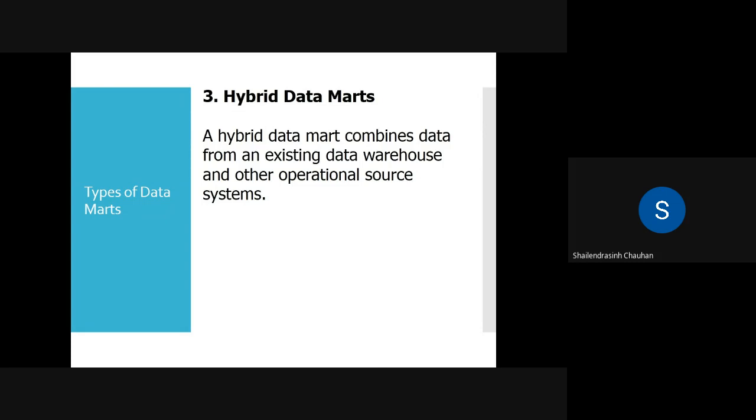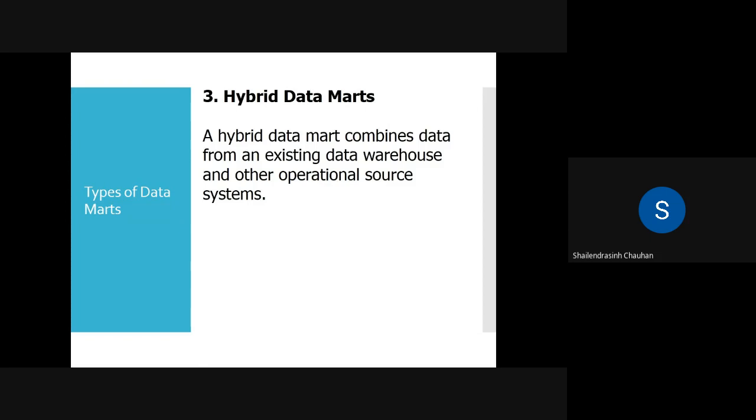You can store data of a single subject, but a portion of the data is derived from the data warehouse and a portion is independent. That kind of data mart is a hybrid data mart. A hybrid data mart combines data from the existing data warehouse as well as some independent operational source system.